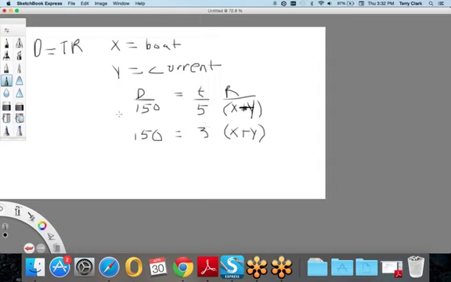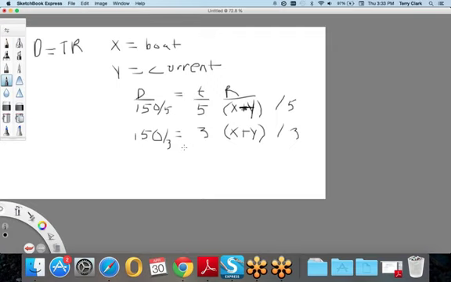So what we'll do is divide both of these by 5, and I'm going to divide both of these by 3 on both sides. So when I do that, I'm going to divide this side by 5 too. And I'm going to divide this side by 3 as well.